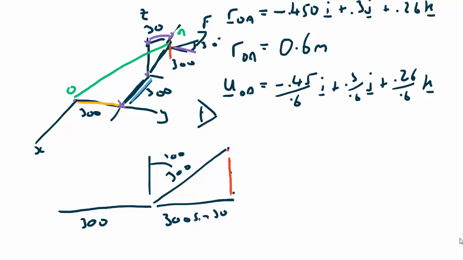You're first of all going to have to resolve it to act along, let me find another colour, you're going to have to resolve it to act along this line here. And we'll call that f dash. Once you've got f dash, you can then resolve it to fz and to fx. Fy will come straight out, because fy will be the purple line that's already shown.